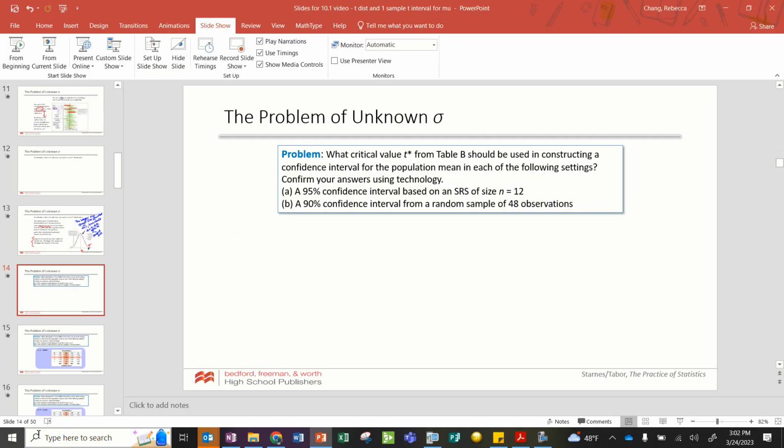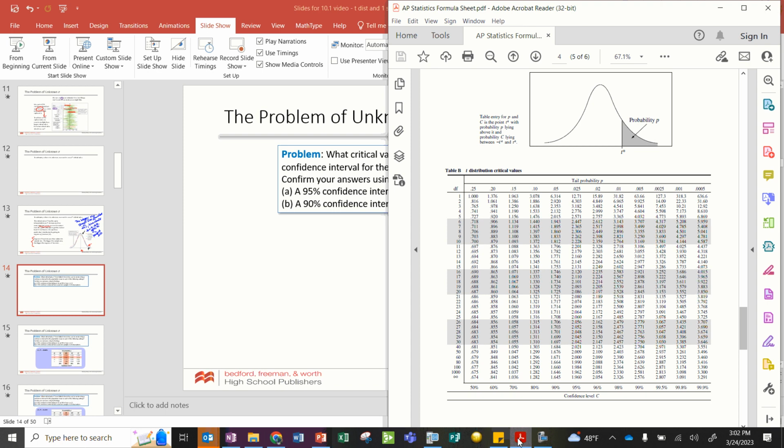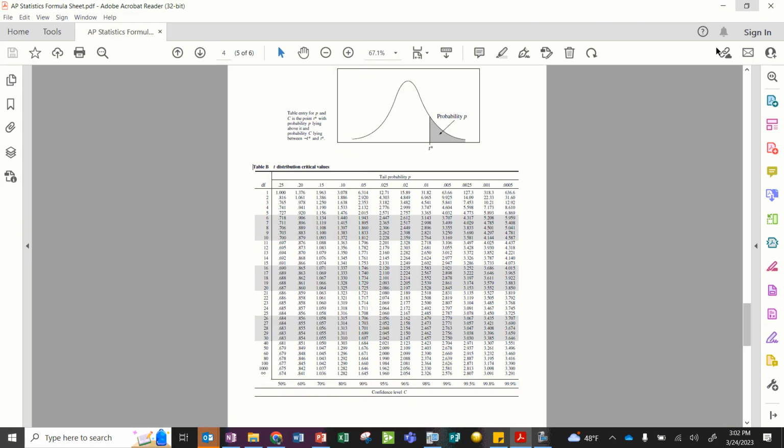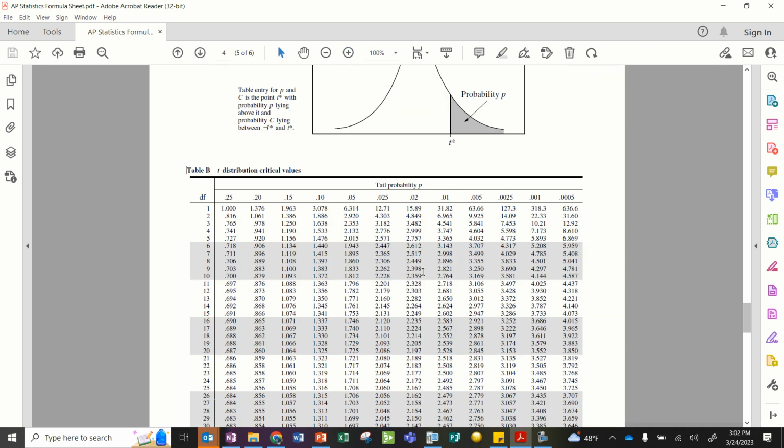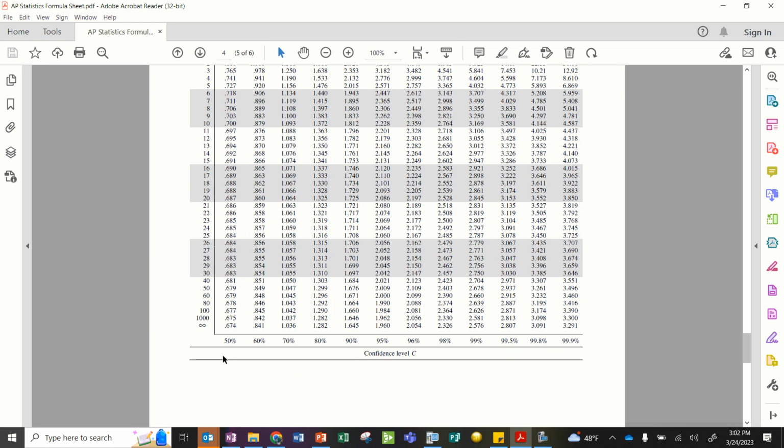Let me show you the table, what we call a T table, and you've used this before. This should look familiar. This is from your formula sheet packet. It's also in the back of your book. We call this Table B, the T distribution critical values. We used the bottom of this down here to help us find Z stars.